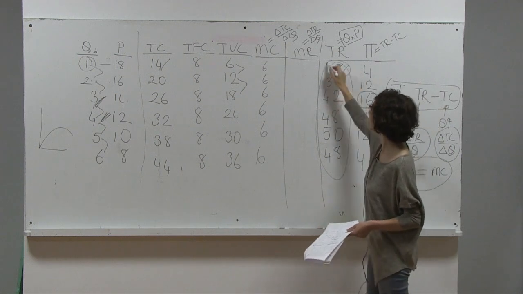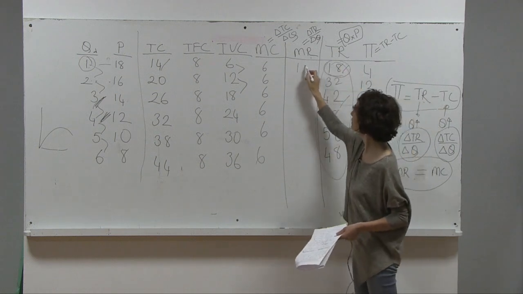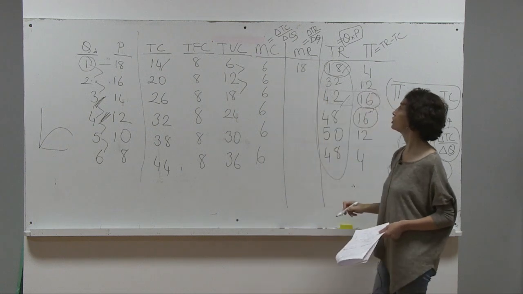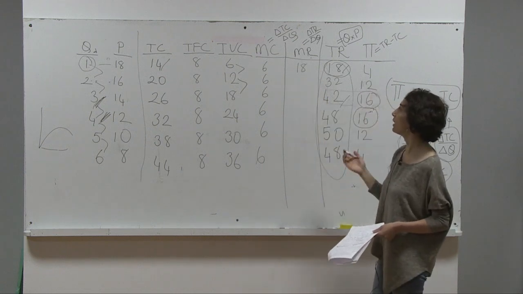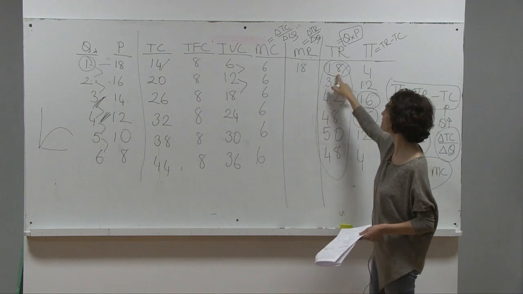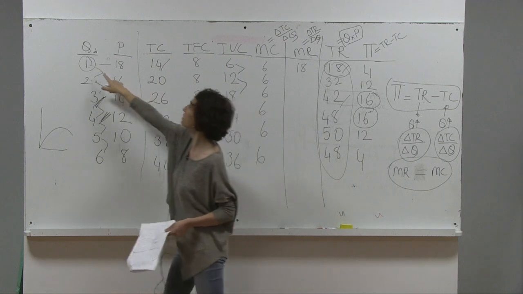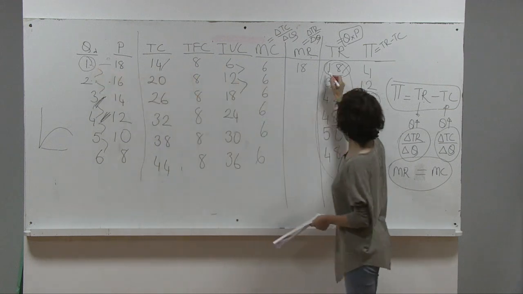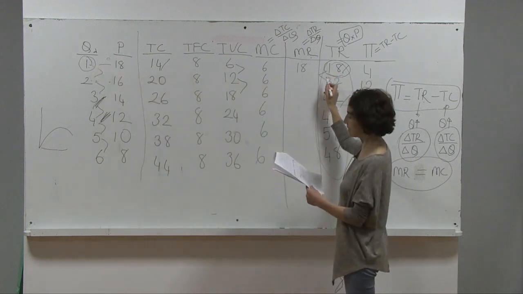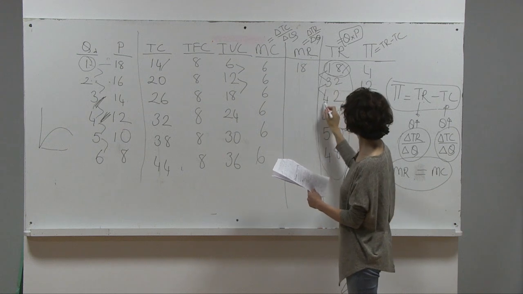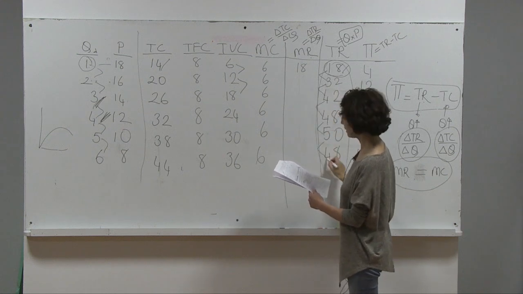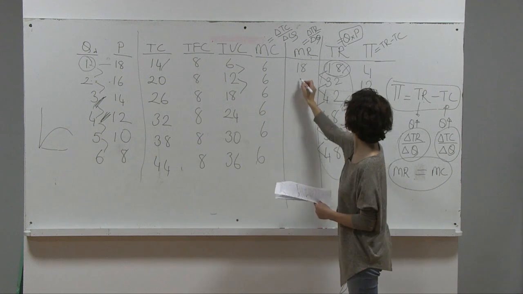So when I produce the first quantity, that is my marginal revenue. My total revenue increased from 0 to 18. Marginal revenue of the first unit is 18. What about the second unit? These differences here will give me marginal revenue.